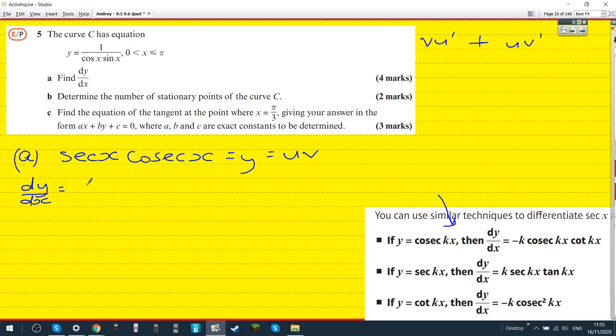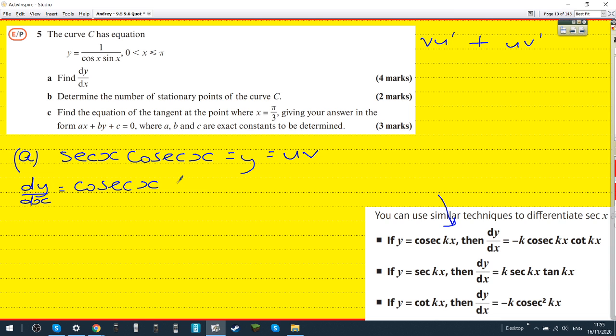So do I now need to do cosec x times minus 1 over sin x? What's the derivative of sec x?